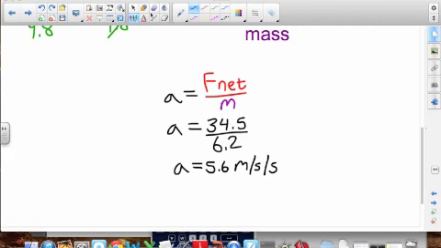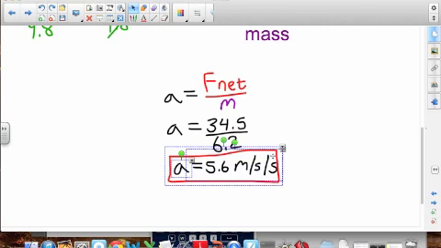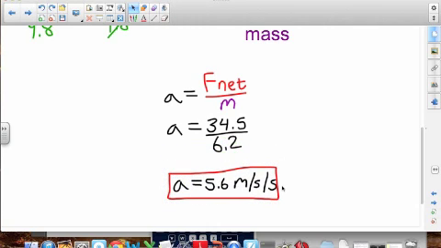Now, to be honest with you, this is actually a very ridiculous problem, because this is a very large acceleration, and I don't think anyone can make a bag of grass accelerate that much by dragging it, at least maybe for a short period of time.